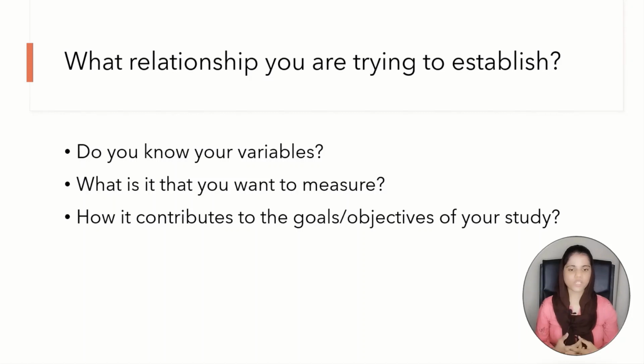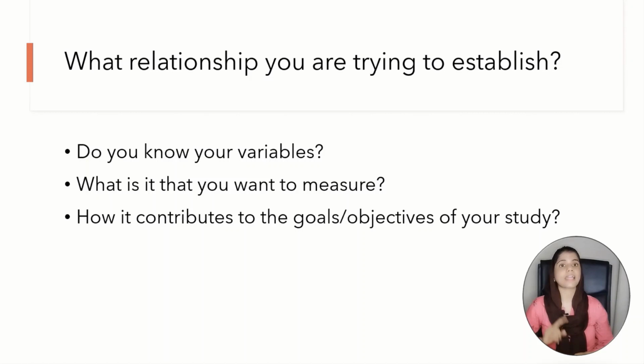So the last one is how it contributes to the goals or objectives of your research study. To make it more clear, we go back to the medical research problem that I have been quoting again and again. You want to know the parameters that will help you determine how diabetic a patient is, how prone he or she is to obesity or cardiovascular disorders.